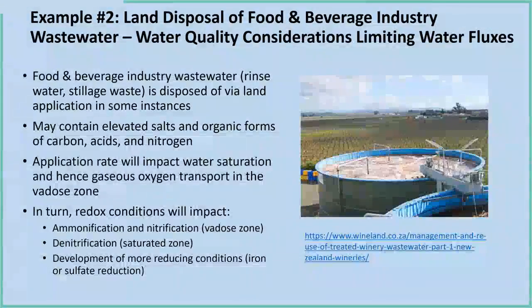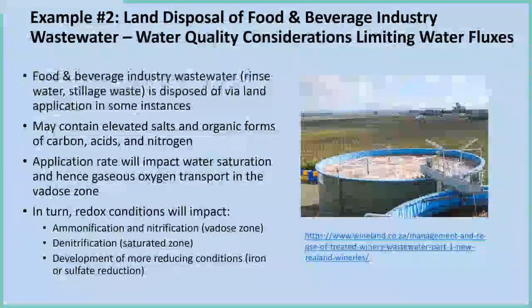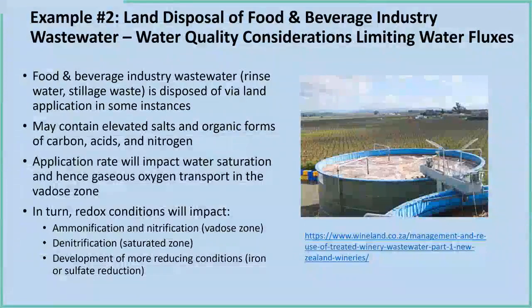On the other hand, faster discharge rates reduce the residence time in the vadose zone and increase water saturation, thus reducing the nitrate production. In addition, organic carbon that escapes oxidation, which is more likely in this scenario, is available to convert any nitrate that is produced into molecular nitrogen via denitrification.